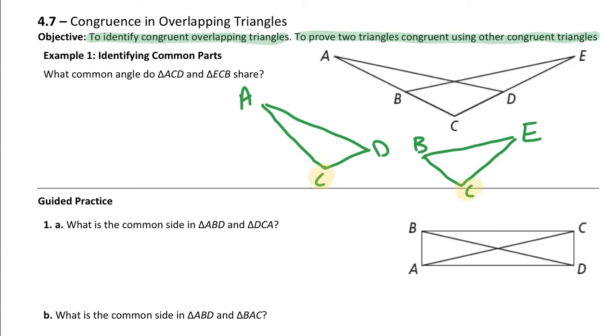Angle C is the angle that they share. Now, the easiest way for me to tell which angle they share is if I look at how each of the triangles is named. Both triangles contain vertex C. So I can say they share angle C.